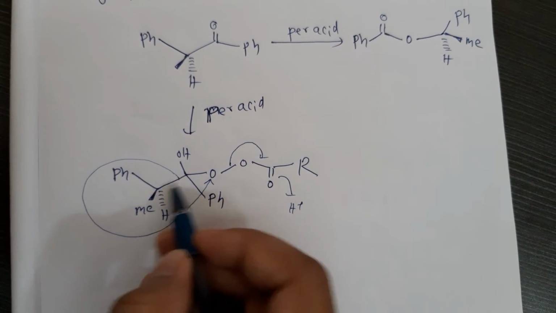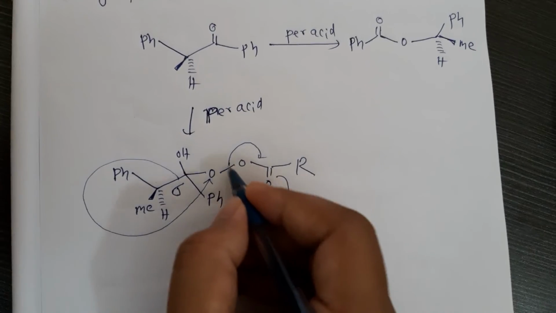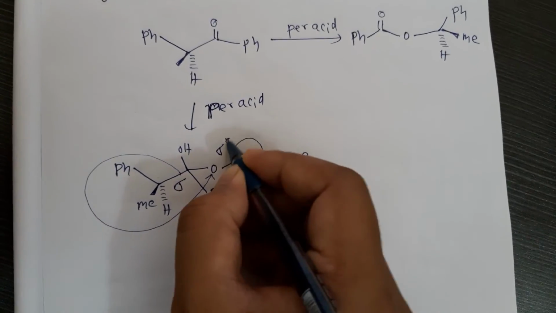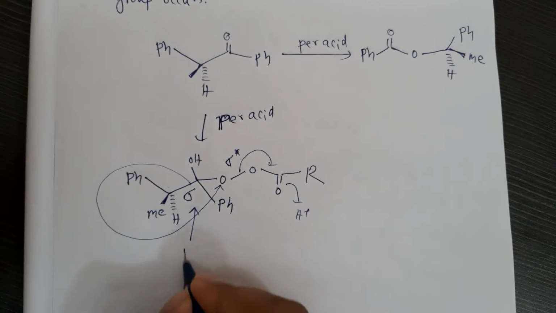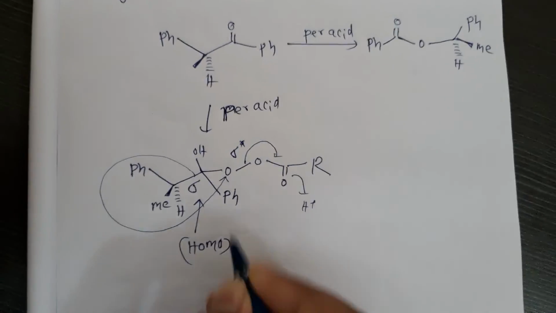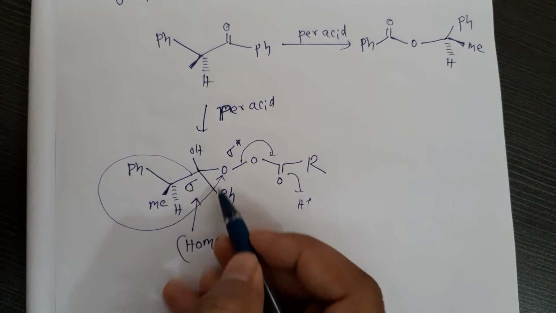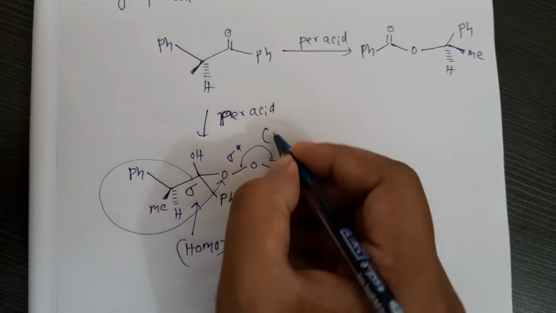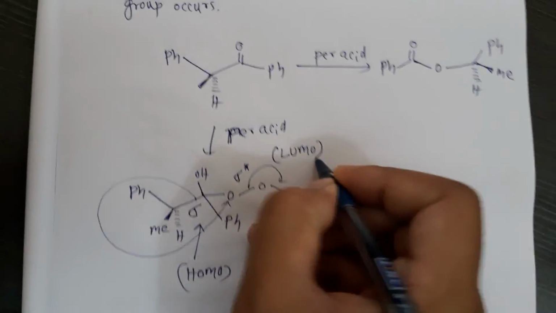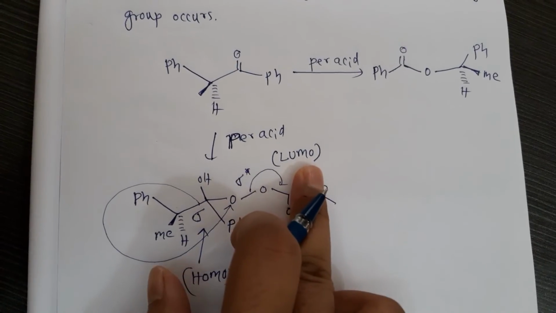See, this is a sigma bond, this is a sigma bond, and this is sigma star. This sigma bond is the HOMO, the highest occupied molecular orbital, and this sigma bond electron density goes to the sigma star orbital of the O-O bond. This is the LUMO, the lowest unoccupied molecular orbital.